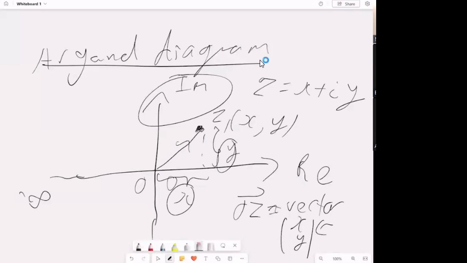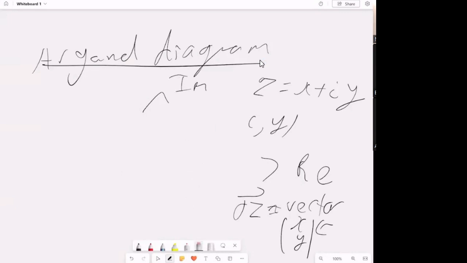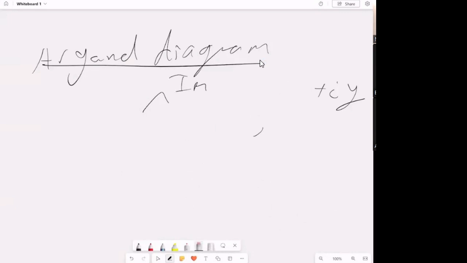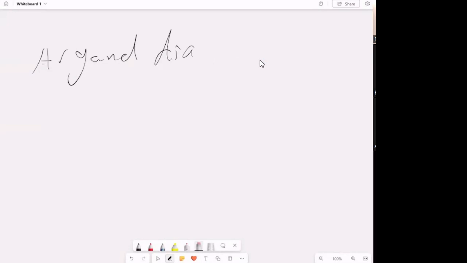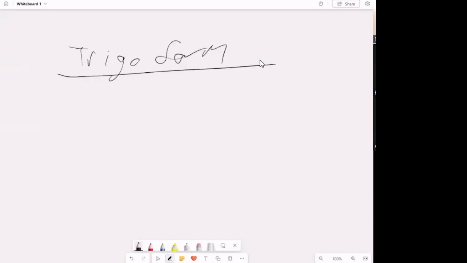Okay, now that we've gone through the first form, let's go through the second form, the trigo form. Actually, let's go through all three together, because the exponential form is similar to the trigo form. Actually, the trigo form comes from the exponential form.